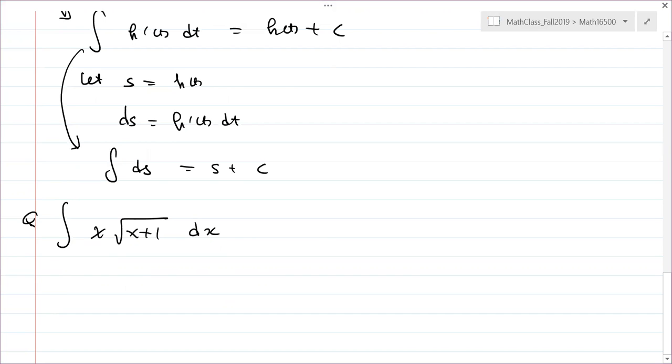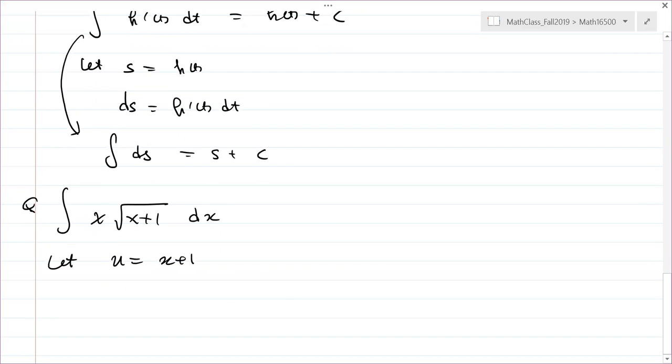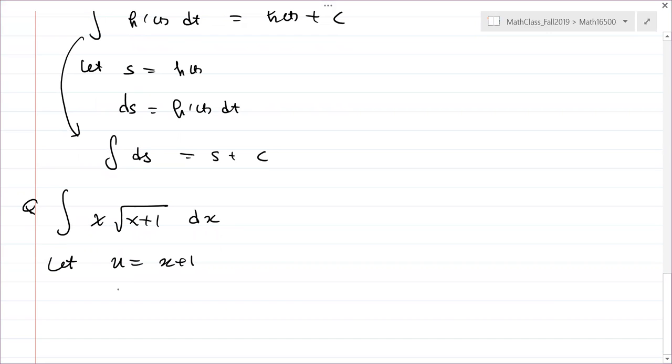It's called substitution. I don't like x plus 1, so let u be x plus 1. The relationship between u and x is this: x is going to be u minus 1, and du is equal to dx. At least you can get these two things.